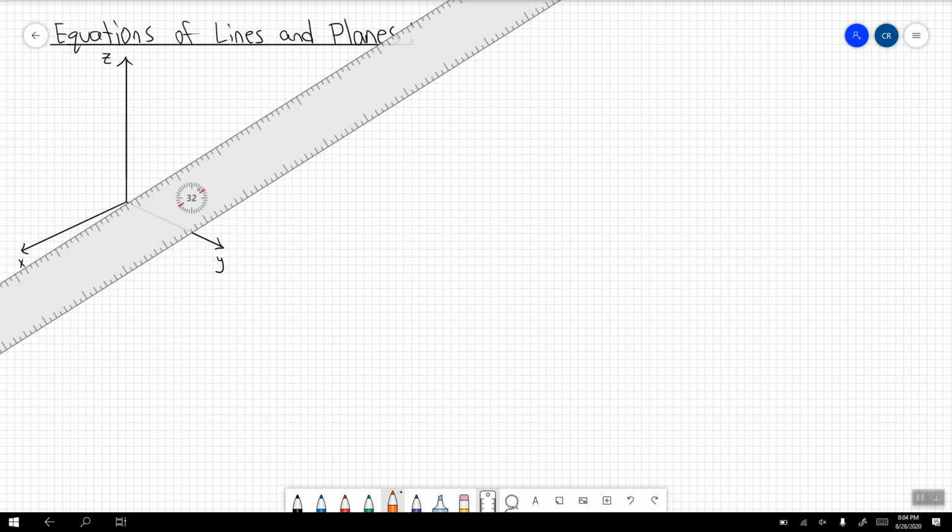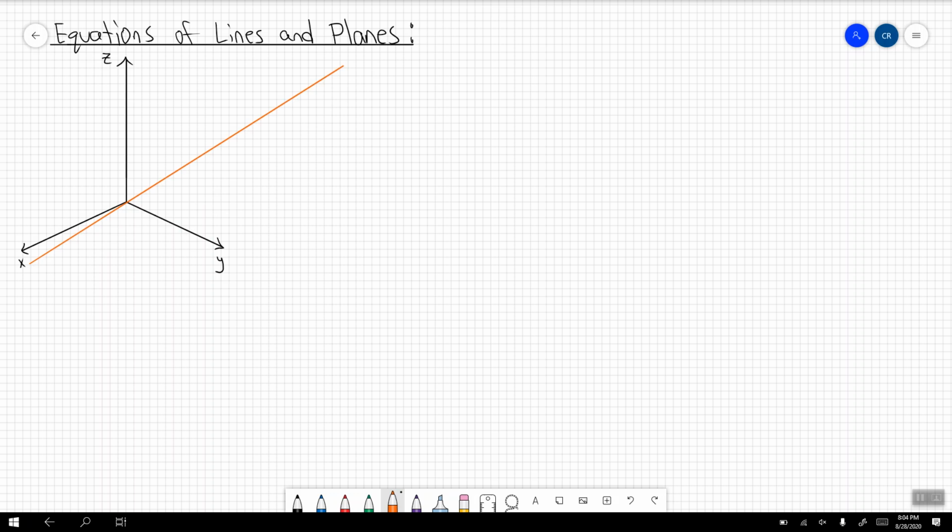Now, this line I am going to identify as L naught. So I drew a line here through the origin of my coordinate system, and again I'm going to call this line L naught. What I want to do now is use vectors to give more of a description for this line.